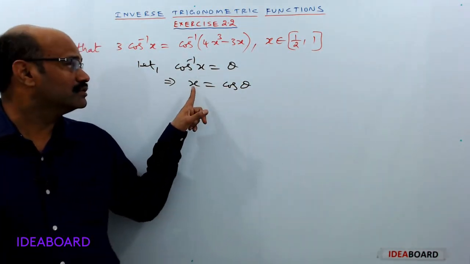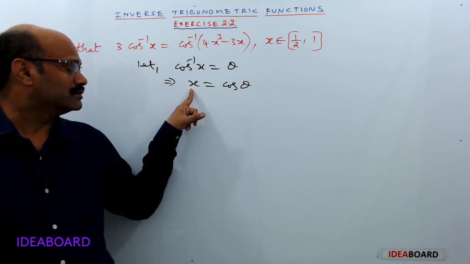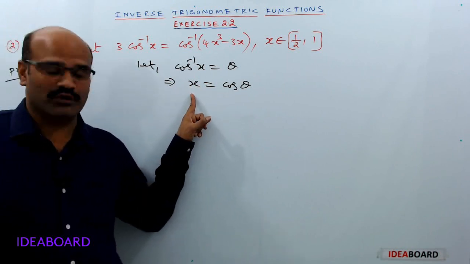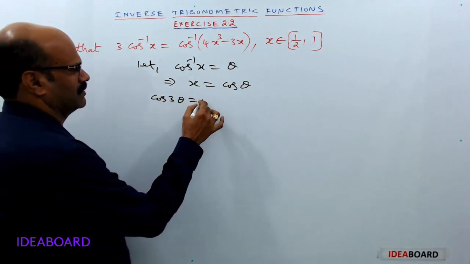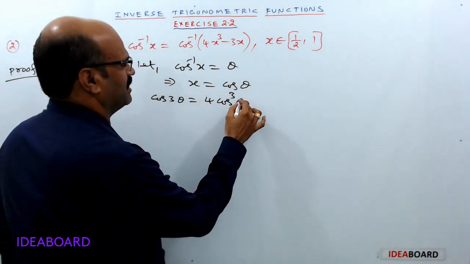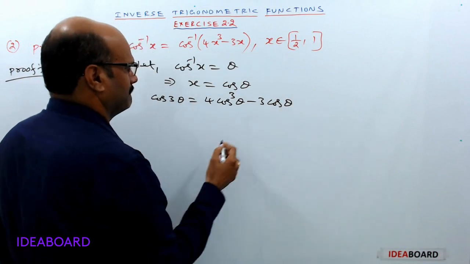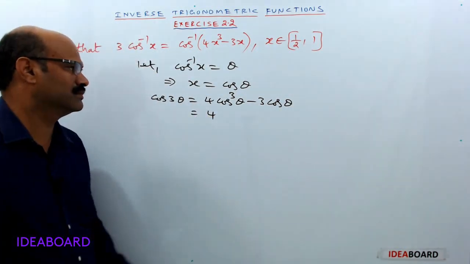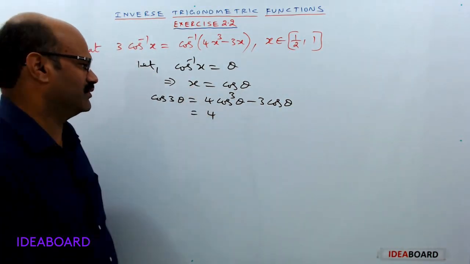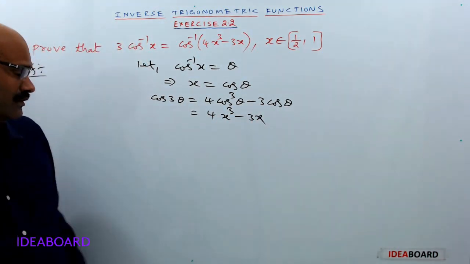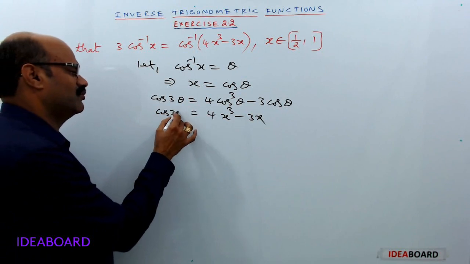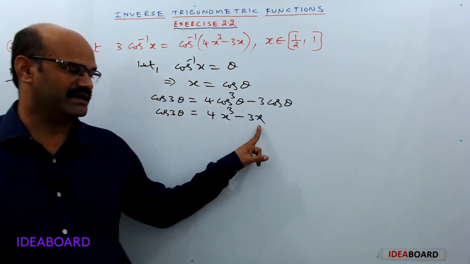Now cos 3 theta equal to, the formula is 4 cos cube theta minus 3 cos theta, equal to 4 into cos theta, which is x. So x cube minus 3x. So cos 3 theta equal to 4x cube minus 3x.